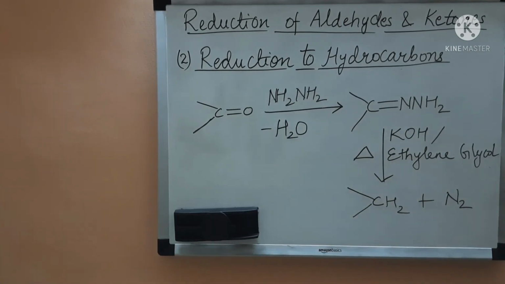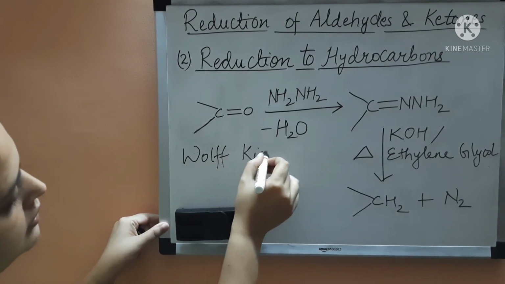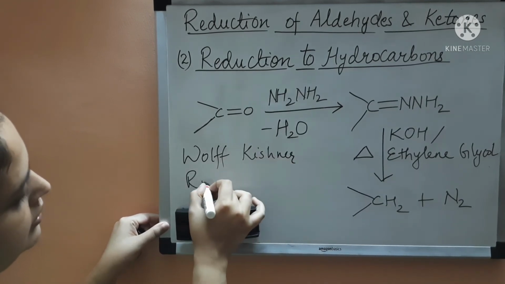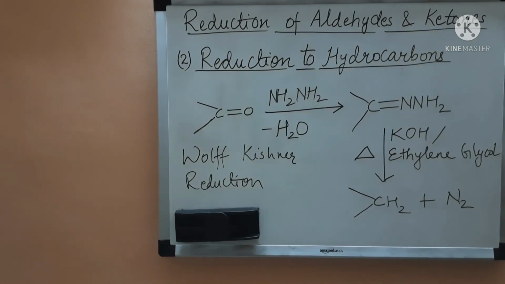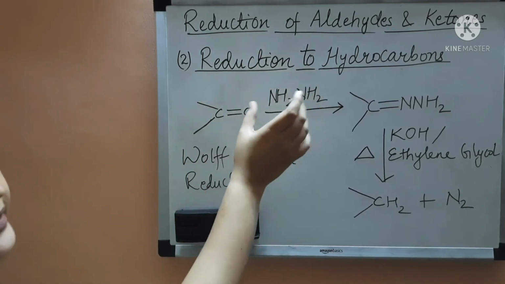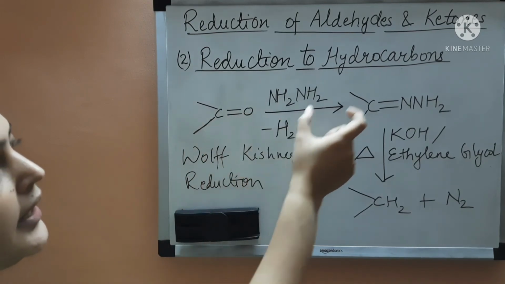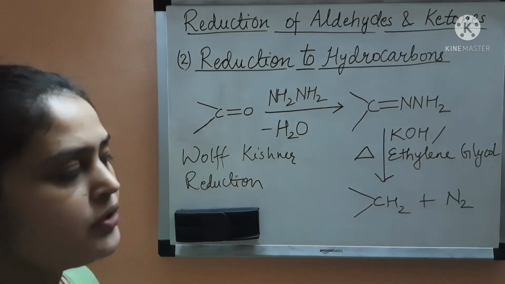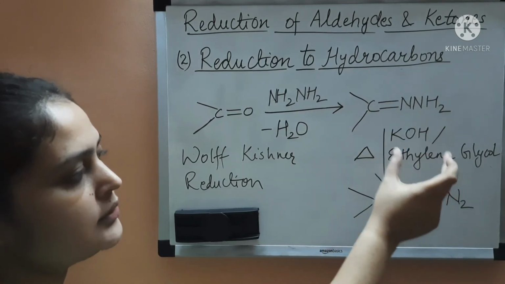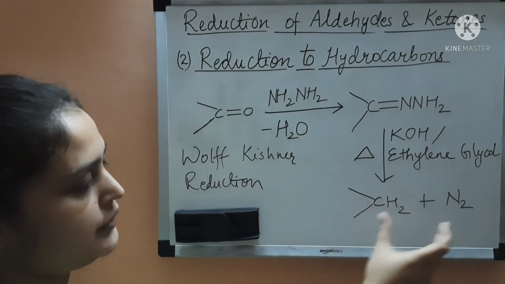So this reaction is also a name reaction and it is known as the Wolff-Kishner reduction reaction. So here we add hydrazine, that is NH2NH2, to the carbonyl compound, and water is removed and we get hydrazone. Then we add KOH or NaOH and ethylene glycol solvent and heat it to get our corresponding hydrocarbon and nitrogen.